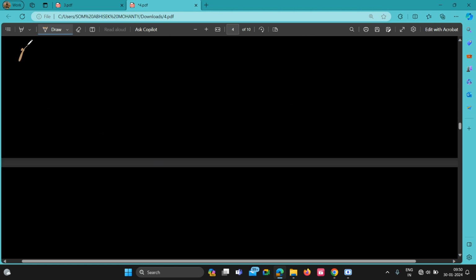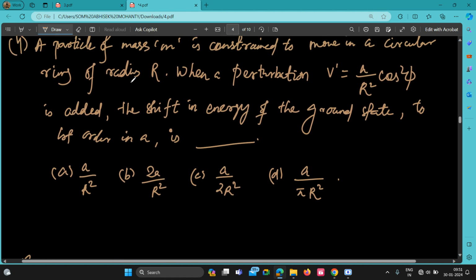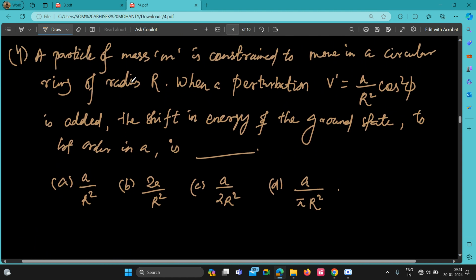Okay, so the perturbation is given: V dash is equal to A by r square cos square phi. So what is asked? Shift in energy, right? Shift in energy in the ground state.